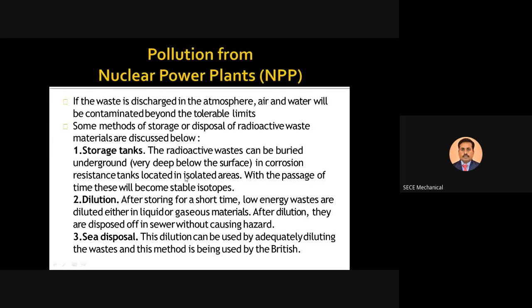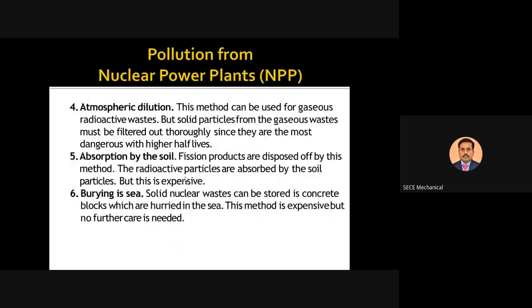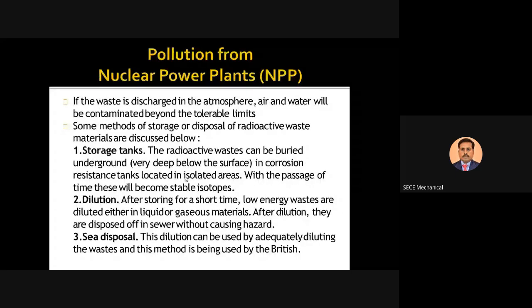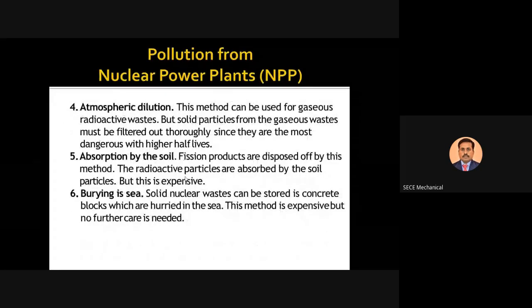By adequately diluting the waste, this method is used by the British. Normally after dilution, you can dispose of it with the help of seawater. This is normally practiced by British people. That method is also used to control the pollution of nuclear wastage. And next one is atmospheric dilution.